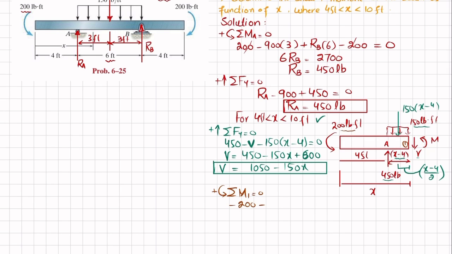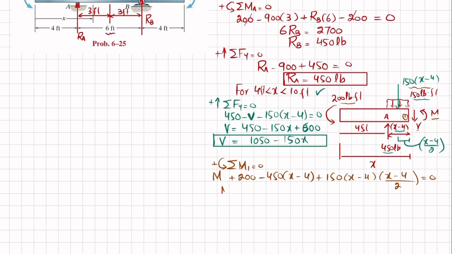So I will write minus 450 into (x minus 4). The third moment will be 150 into (x minus 4) and the perpendicular distance is (x minus 4) divided by 2, and this is producing counterclockwise moment, so it will be positive. The sum of all moments about point 1 must be equal to 0. Also, you can see there is an external moment, so I will add this M as well.